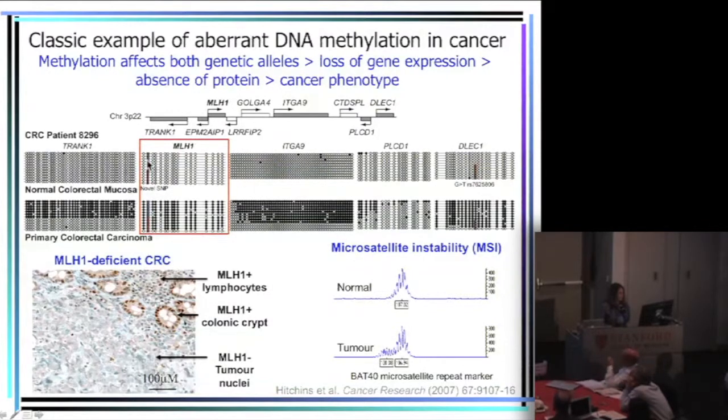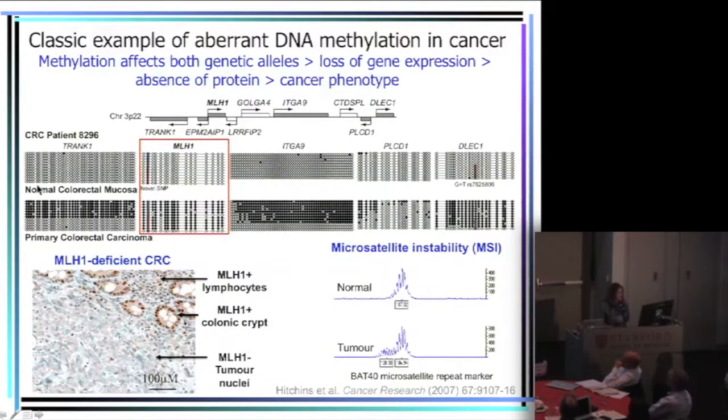And just to point out that these colors, red and blue here, indicate that the patient was heterozygous for a SNP within the promoter fragment that was analyzed for its methylation status. And these dots here show traditional clonal bisulfite sequencing, whereby each dot is a CpG site within the fragment of the promoter that's studied, and each line is a single allele, and black is methylated and white is unmethylated.